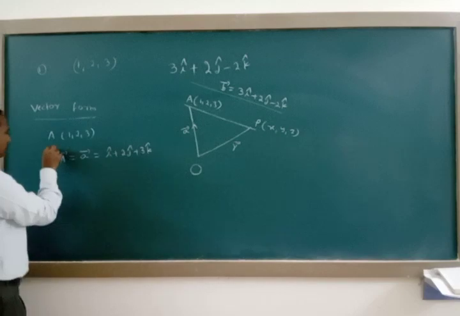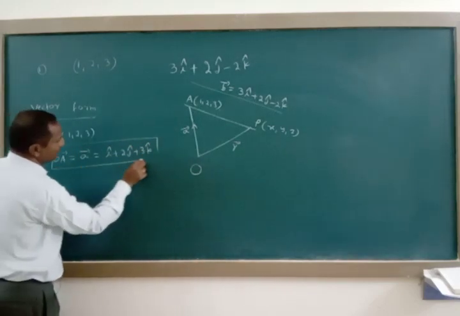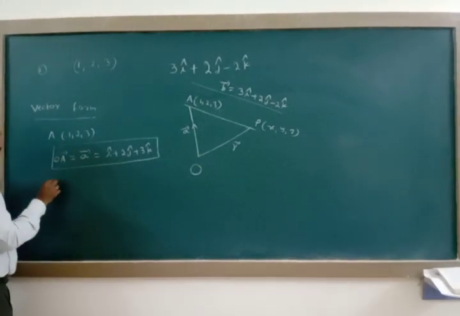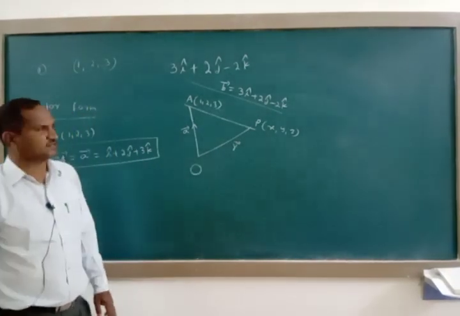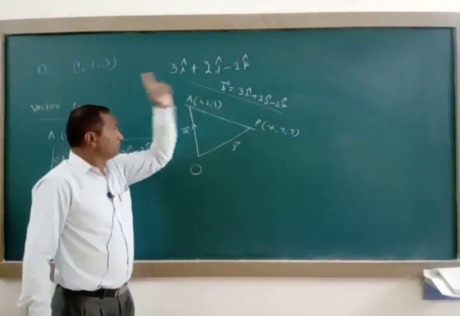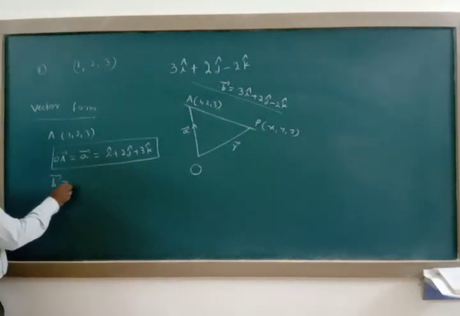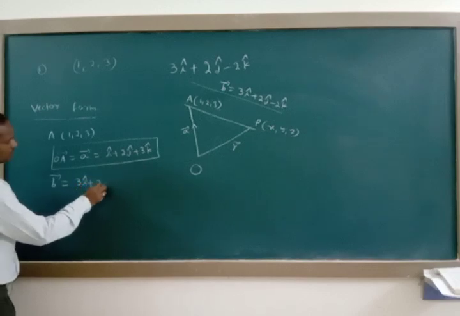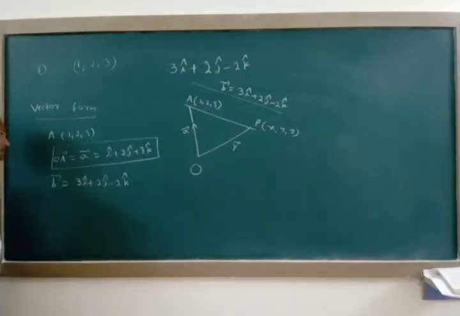Another one we need is the OR vector, which is xi cap plus yj cap plus zk cap. And the B vector, which they already gave, is 3i cap plus 2j cap minus 2k cap.